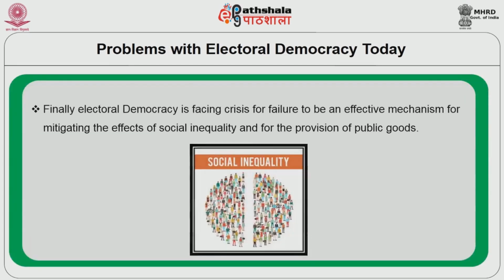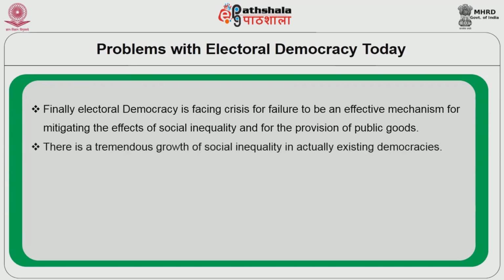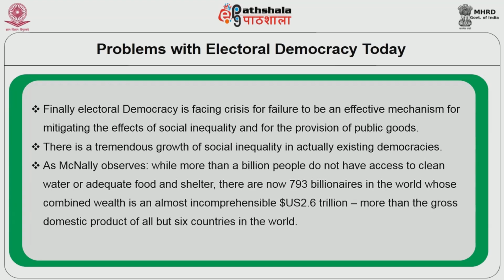Finally, electoral democracy is facing crisis for failure to be an effective mechanism for mitigating the effects of social inequality and for provision of public goods. There is a tremendous growth of social inequality in actually existing democracies. As McNally observes, while more than 1 billion people do not have access to clean water or adequate food and shelter, there are now 793 billionaires in the world whose combined wealth is almost incomprehensible, 2.6 trillion US dollars, more than the gross domestic product of all but 6 countries in the world.